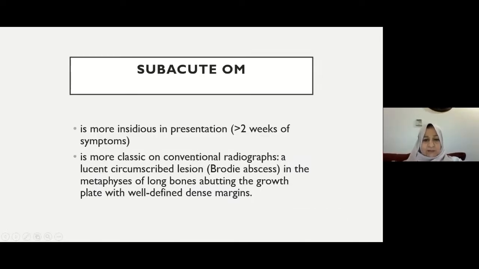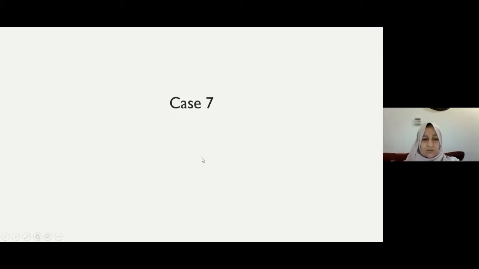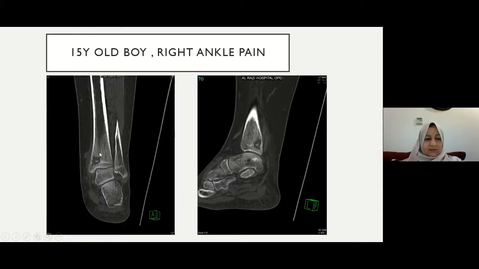Subacute osteomyelitis, where the infection lasts more than 2 weeks, has an insidious presentation. But on plain X-ray, you have this classic appearance of what's called Brodie's abscess. Our next 3 cases will show you subacute osteomyelitis. This is a typical Brodie's abscess in a 15-year-old boy.